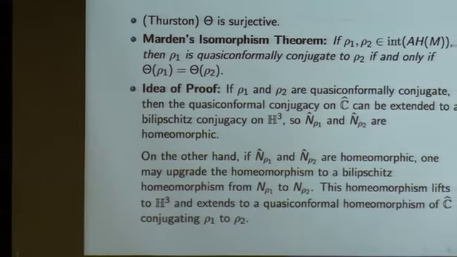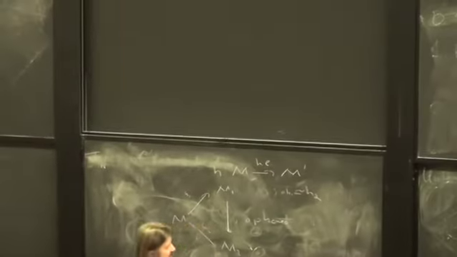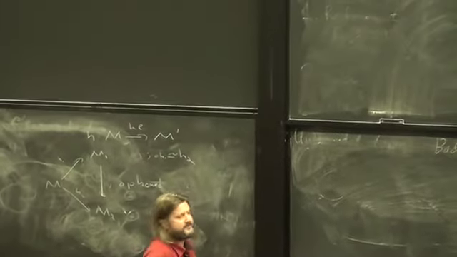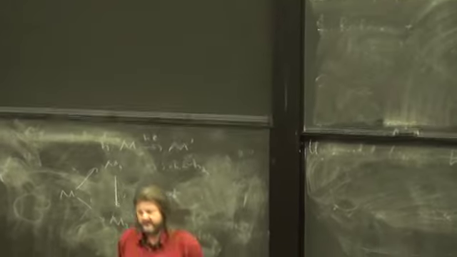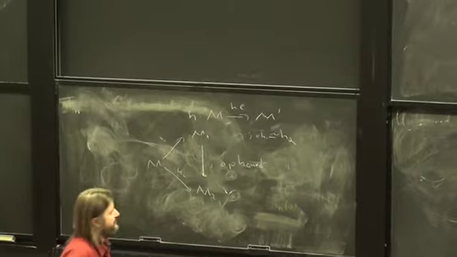And he said that if you have two convex co-compact hyperbolic three manifolds which are homeomorphic, then they're quasiconformally conjugate. So in this sort of formal language, it says if you have two representations, they have the same marked homeomorphism type if and only if they're quasiconformally conjugate. So we have really all the ideas to go back and forth.